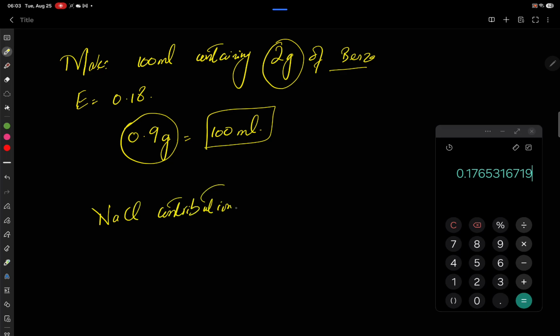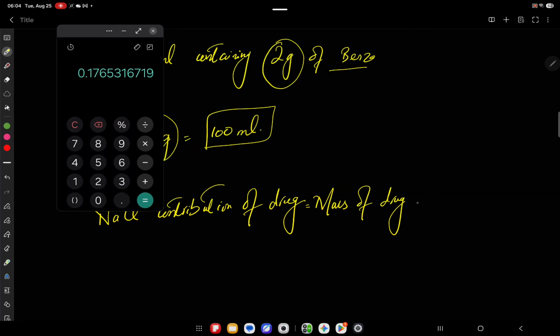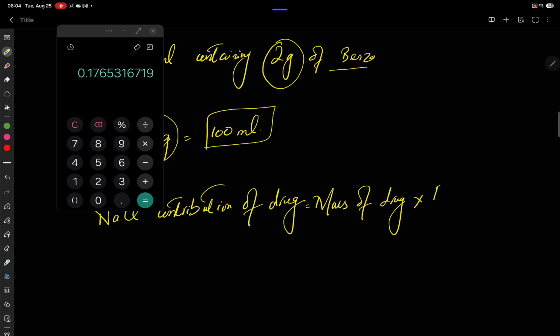NaCl contribution of drug is equal to mass of drug multiplied by E. Mass of drug in this case is 2 gram, since the doctor is prescribing 2 gram to be injected, multiplied by the E value of 0.18.